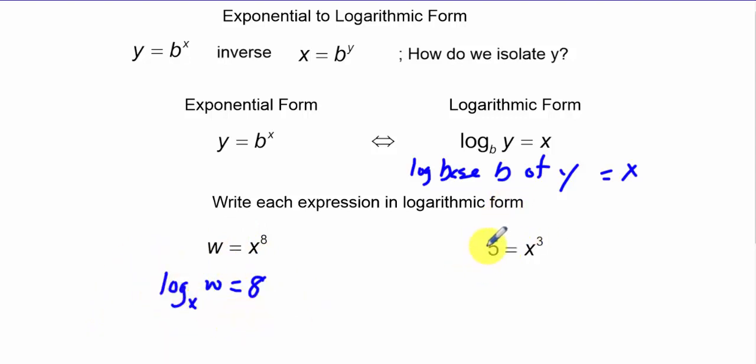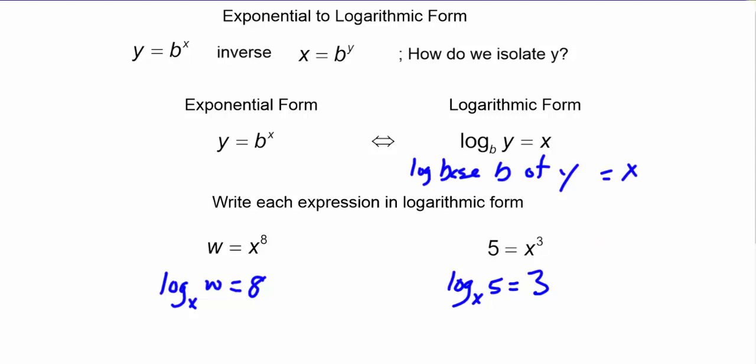Let's try this one. This might help because now we've got a couple of numbers instead of a couple of variables. Slide the base: log base x of 5 is equal to 3. And that really doesn't give me much more insight. Log base x of 5 means nothing to me.